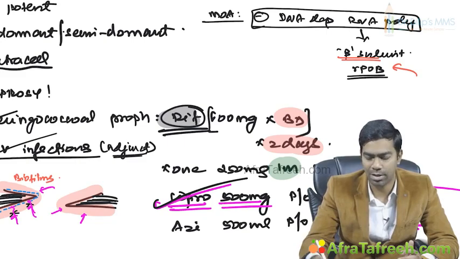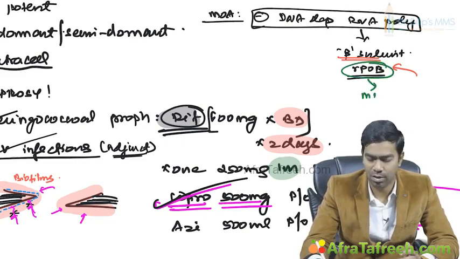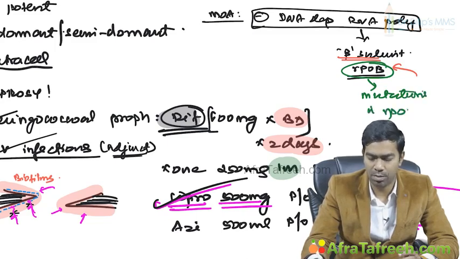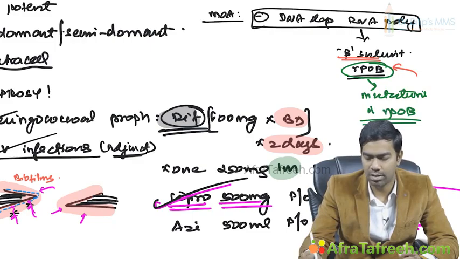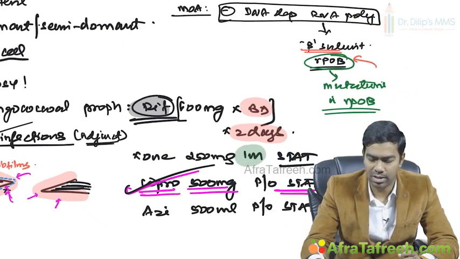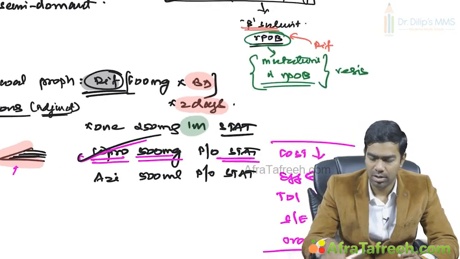And that's also the same reason why these patients can develop mutations in this RPOB gene, which is the reason why you get rifampicin resistance. Clear?